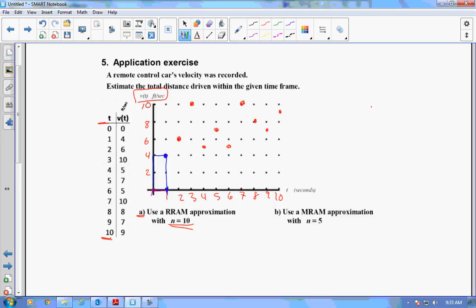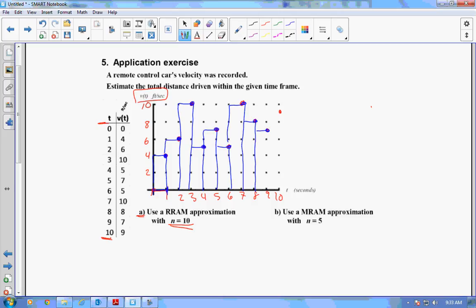And the right side, and the right side, and so on.